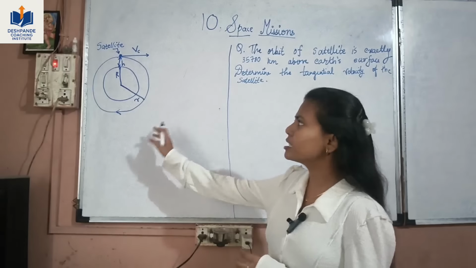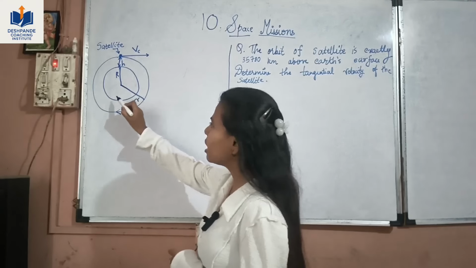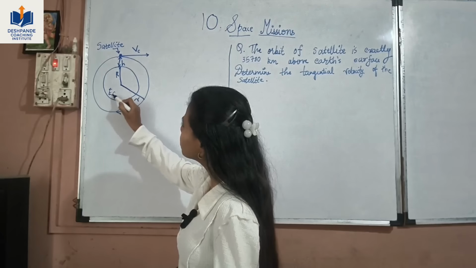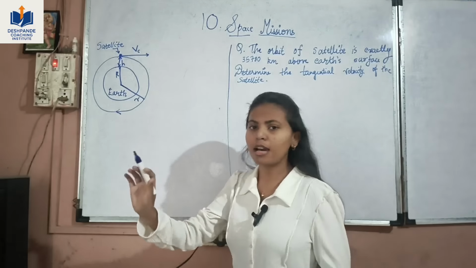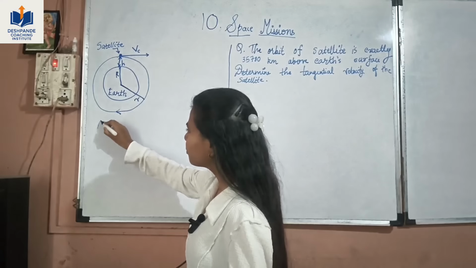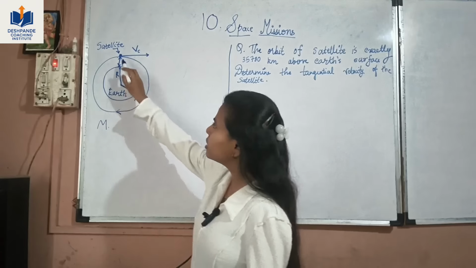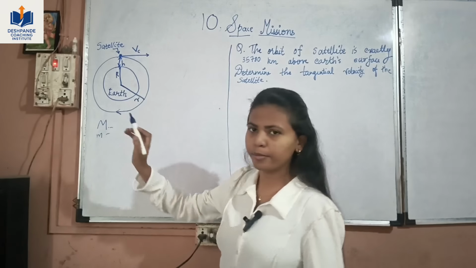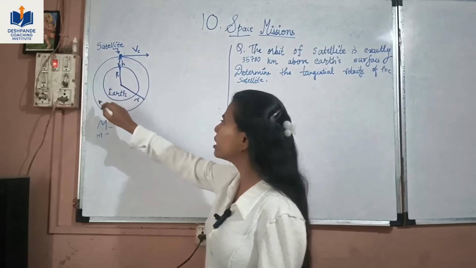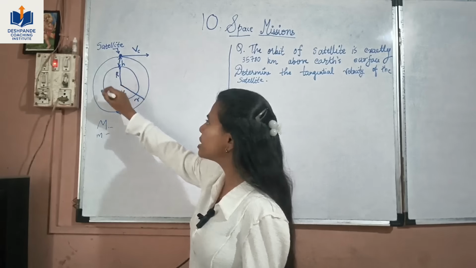So let us consider that this is our earth with certain mass M. Okay, and this satellite has mass small m. And it is revolving in a specified orbit.